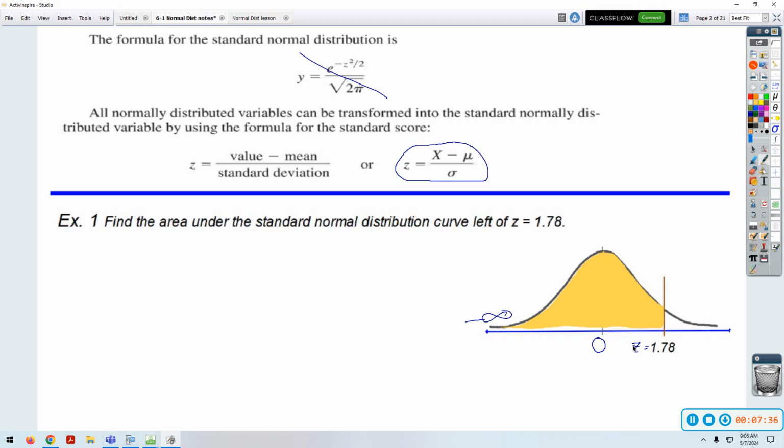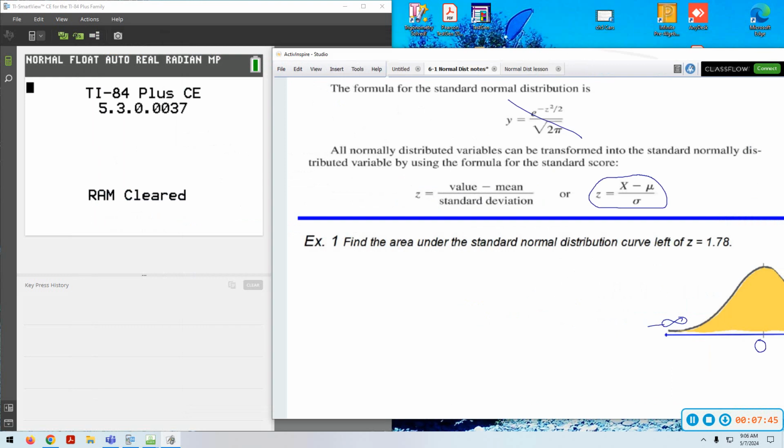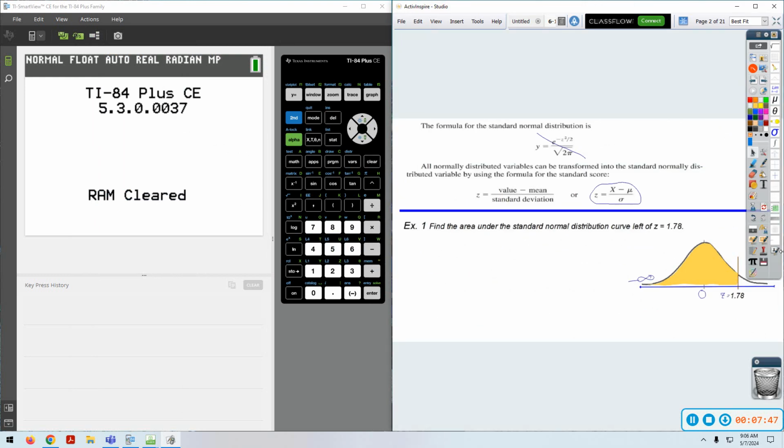So what we're going to ask you to do, see if I can do this on the calculator on here. We are going to talk about this as a normal distribution, and we actually are doing a CDF. And you say, well, why is it a CDF?